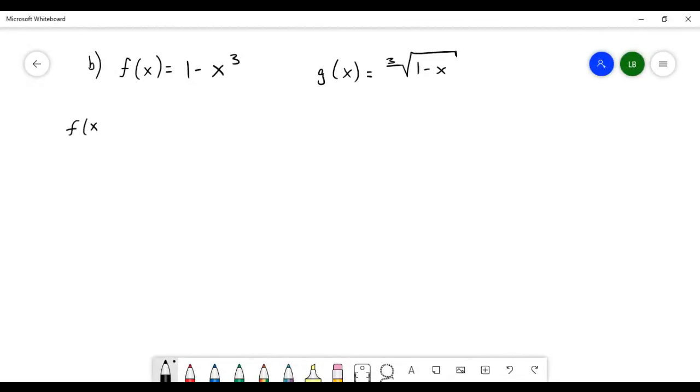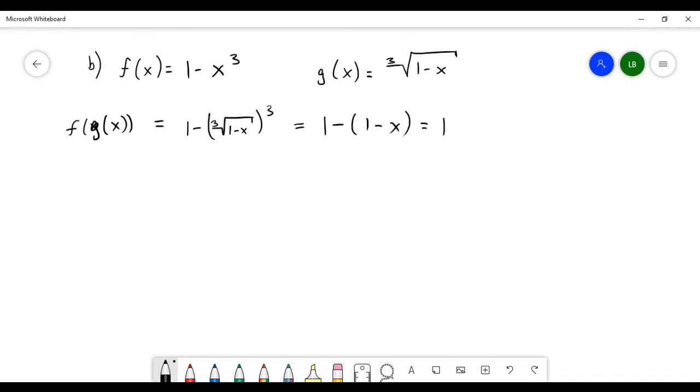If you'll remember, f of g of x will be equal to 1 minus cube root of 1 minus x cubed. Cube root of 1 minus x cubed. We'll just go to 1 minus, equals 1 minus 1 minus x.